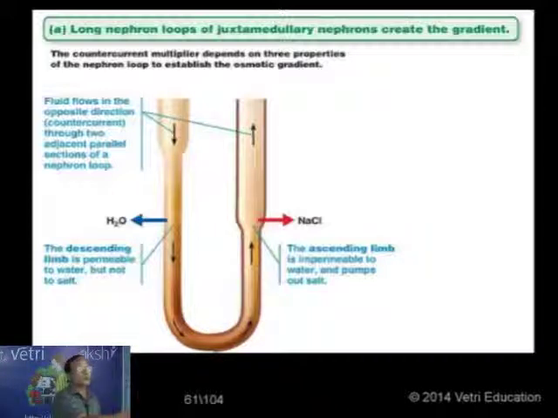It allows only the salt, namely sodium chloride, to move out of the filtrate into the blood. That is why this region is permeable to sodium chloride. See the arrow marks indicating a counter current: the flow of blood and the filtrate takes place in opposite directions. Again you see that one part is permeable to water, another part is permeable to sodium chloride.